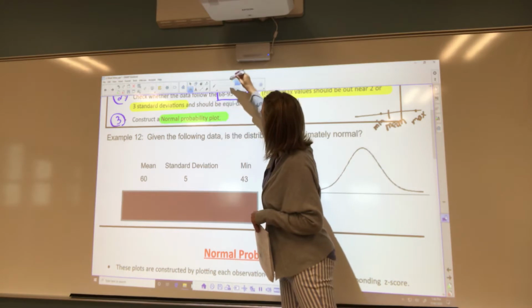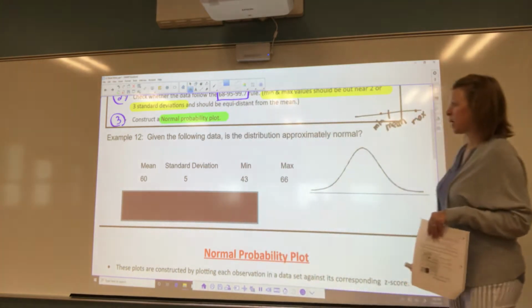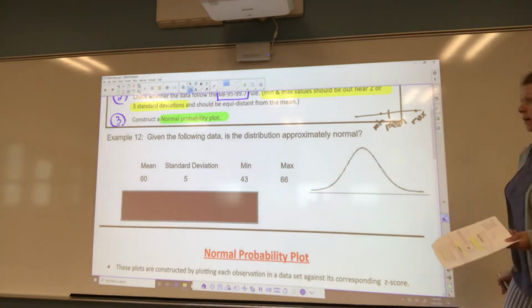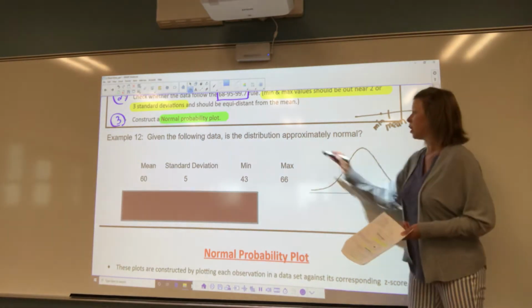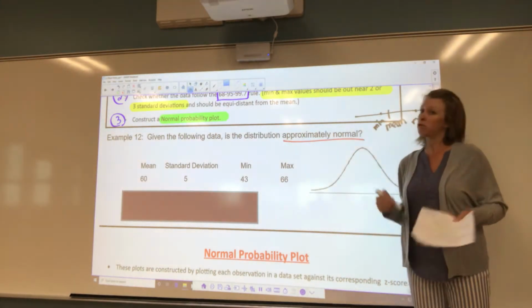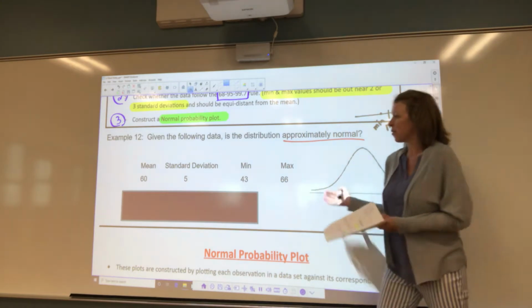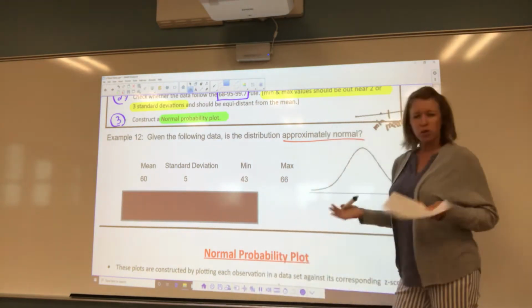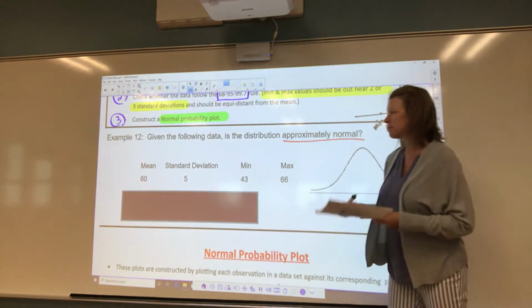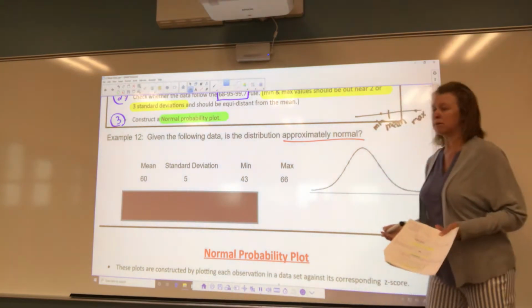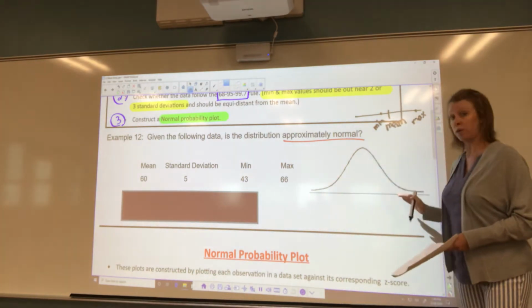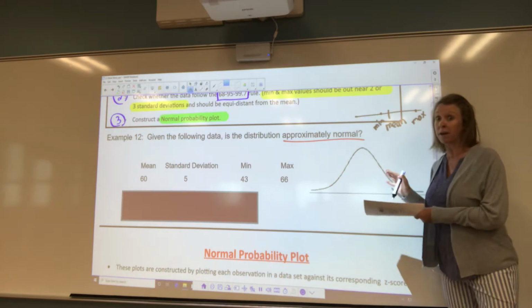And if you look at the information they give you, it says, given the following data, is this distribution roughly normal? Okay, so they're not giving us the body of data, they're giving us just a few little snippets here: what the mean is, the standard deviation, the min, and the max. Now I have this curve drawn here, and this is assuming that it is normal.